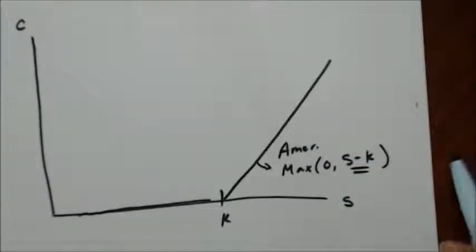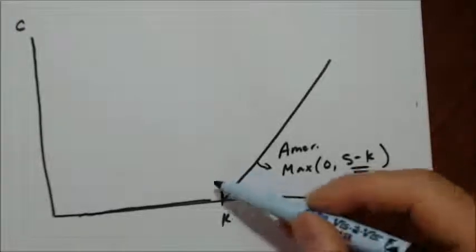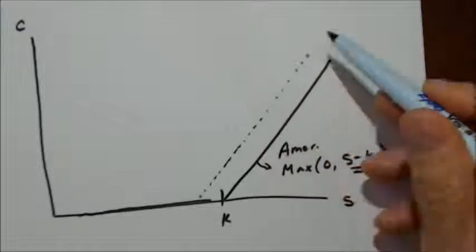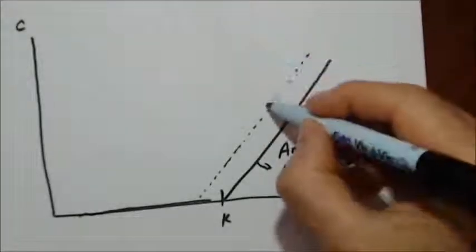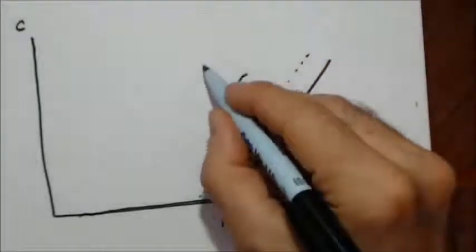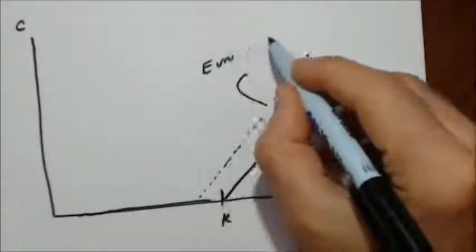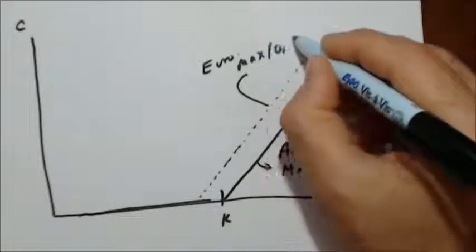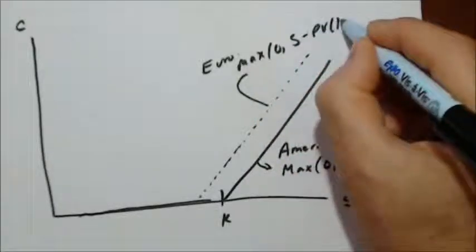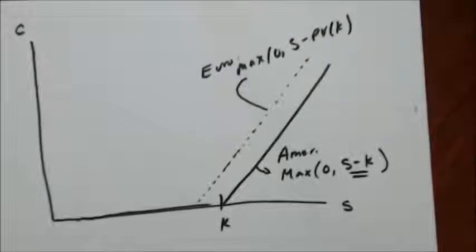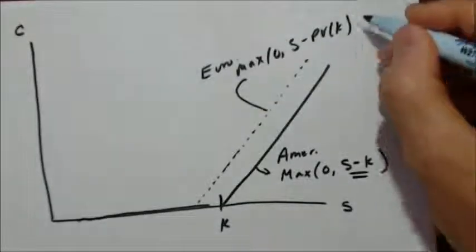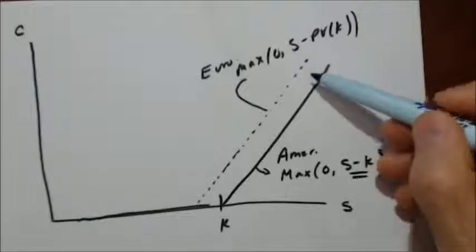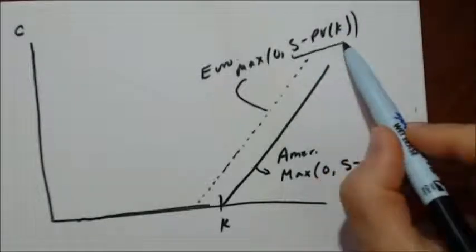Now, with a European option, here we have a European option, and the European, right, is the maximum of 0 or S minus the present value of K. Close that bracket there.